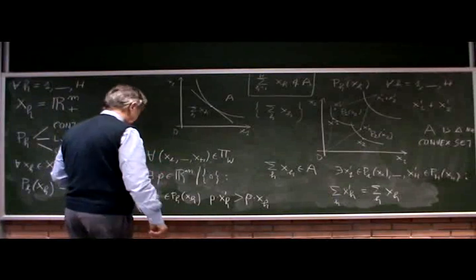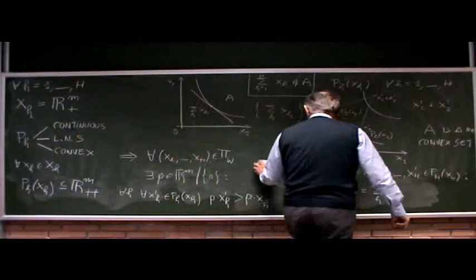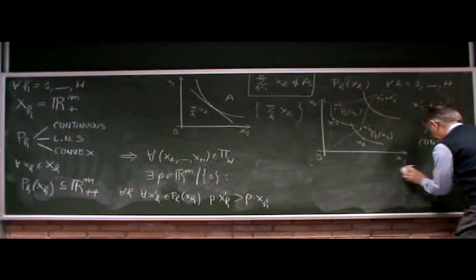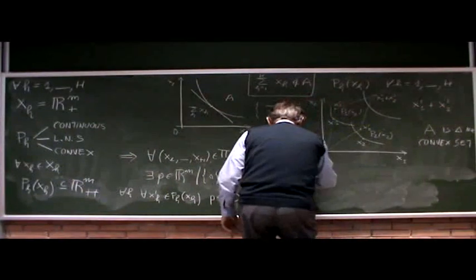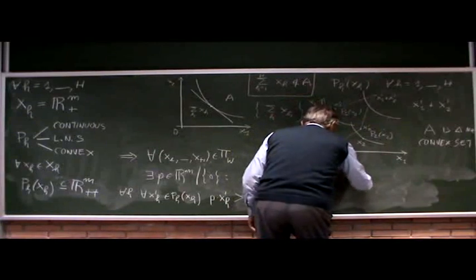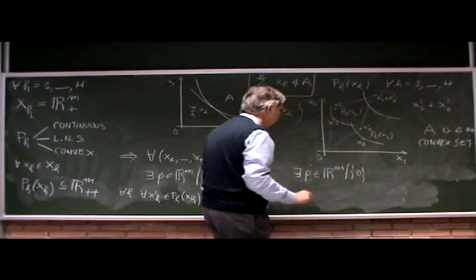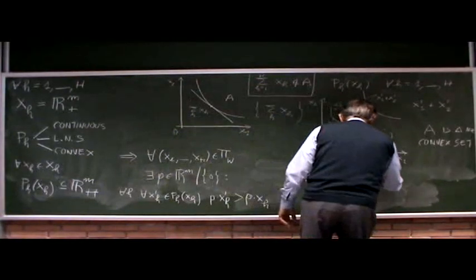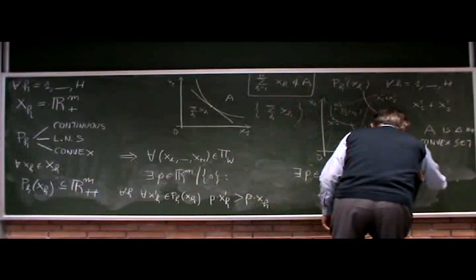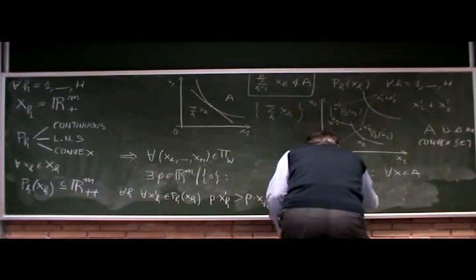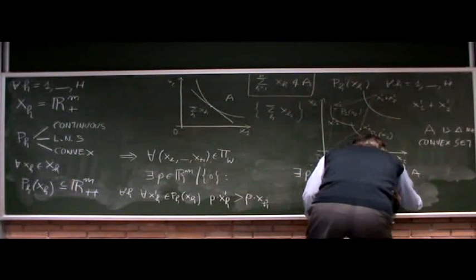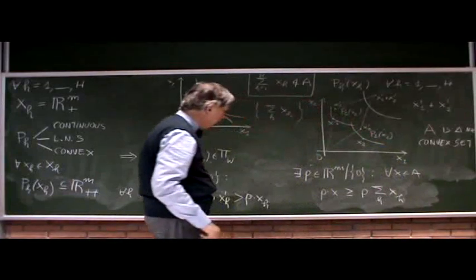More precisely, there exists a price system P, with at least one non-zero component, such that for every x in A, P times x is greater or equal than P times the sum of xh. Is it clear?